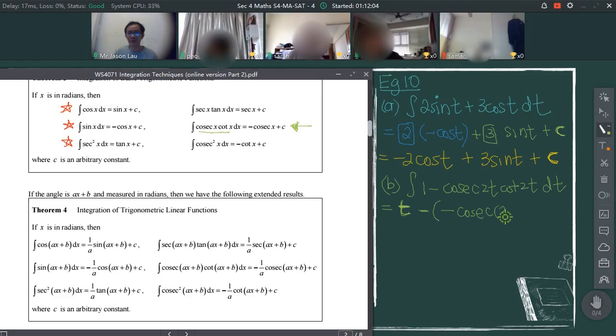Just get the trigo term sorted out first. Okay. Then after that, again, as I said already, look at the angles. The angle is not the simple x, so it's a 2t. Both are 2t. So you need to do a chain rule. So the chain rule is 2. This gives us half.